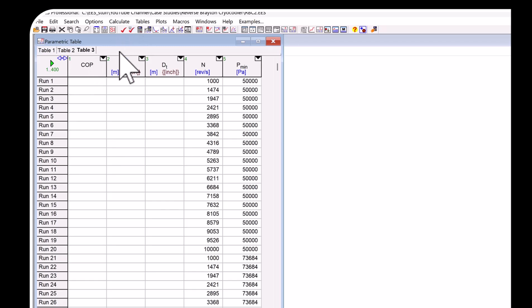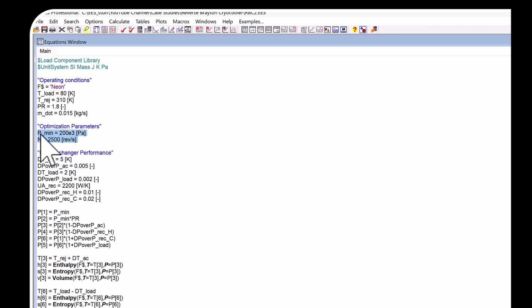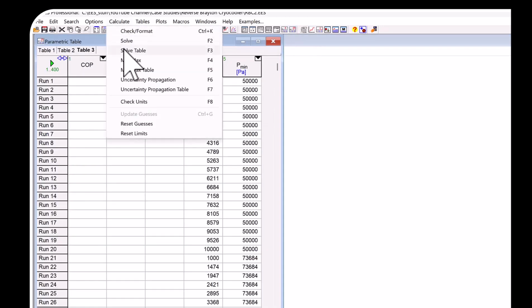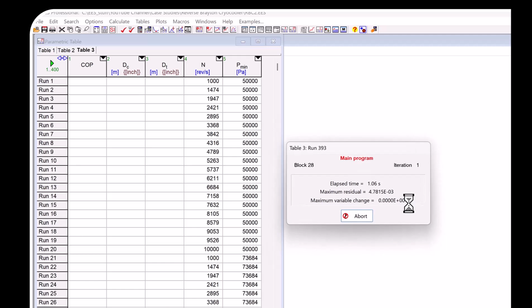And then I'll go ahead and solve the table. Before I do that, I'll want to comment these out, and we'll come back to here. Calculate, solve table, and we'll solve it in reverse order just to be sure it solves. So you can see it working backwards through these runs.